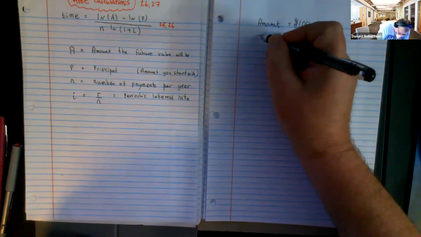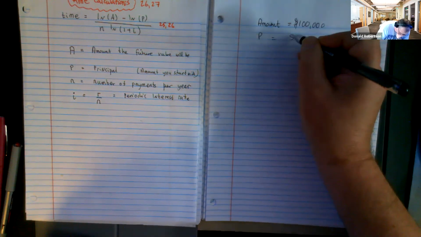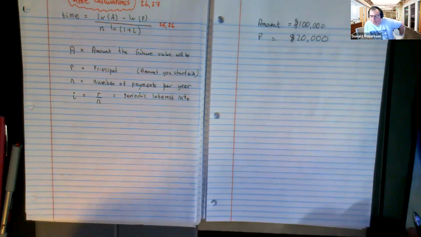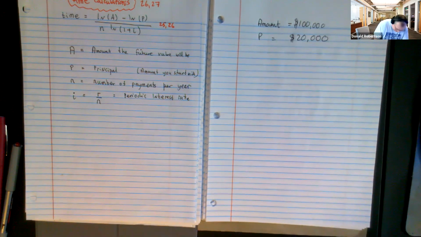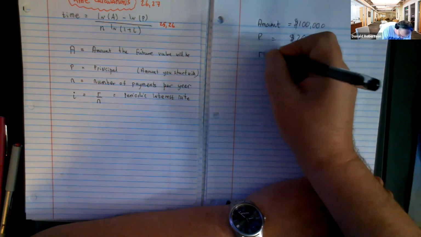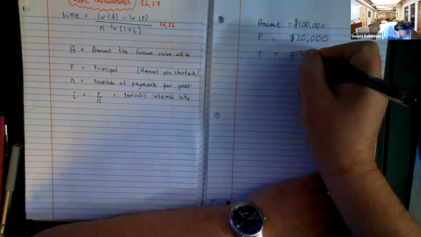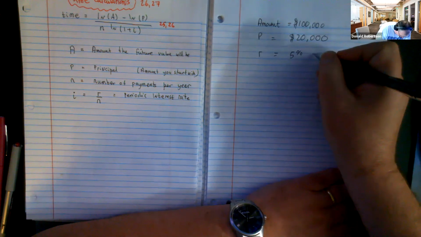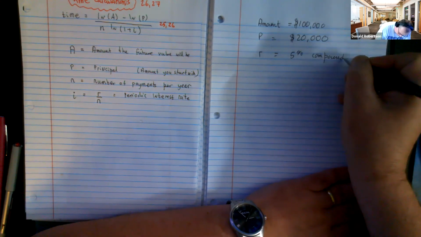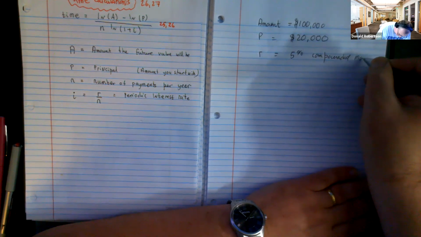But I've only got right now, because my auntie likes me and she gave it to me, $20,000. And I'm going to put it away. And I'm going to get 5% a year, and it's going to be compounded monthly.